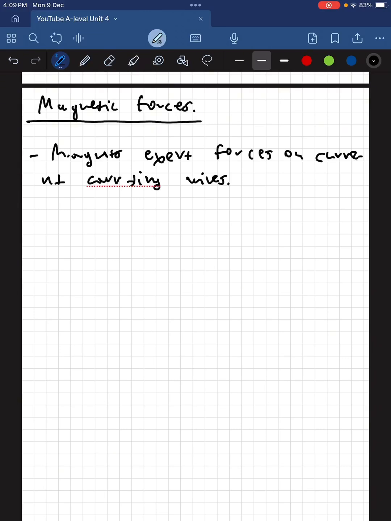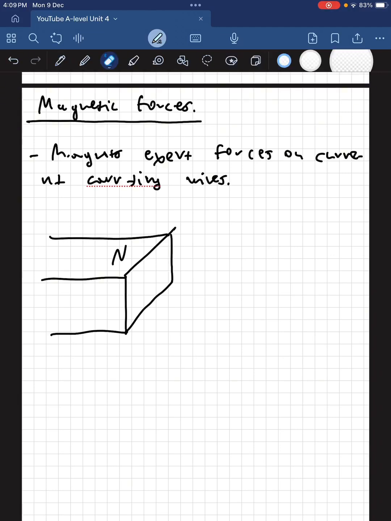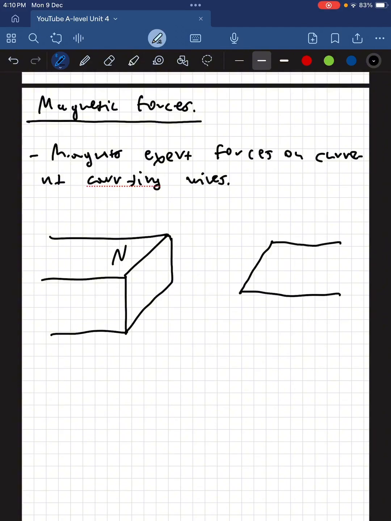So let's assume, let me try to draw. This is going to be a little bit hard. So here, this is the north pole of a magnet, and to create a uniform magnetic field across this magnet, I have the other one over here, and you can imagine it like that, and I have the south pole here.